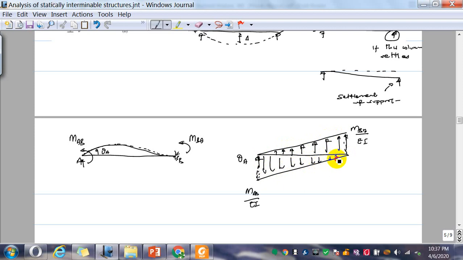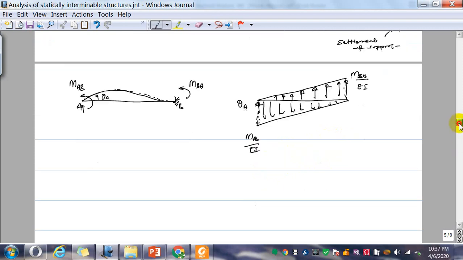Okay, so now this is the conjugate beam with theta A, MAB over EI and MBA over EI.